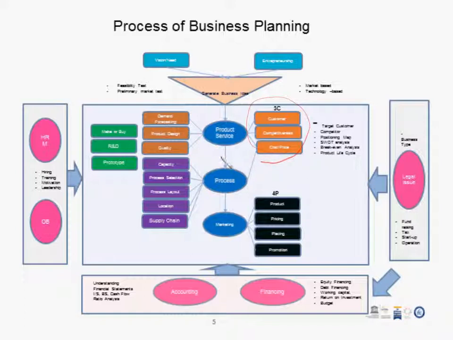And then you will start to consider your process, how to make it. At the beginning, you need to consider your product, and the second step is how to make that product or service. And then at the end you need to develop your strategy in marketing and so on.